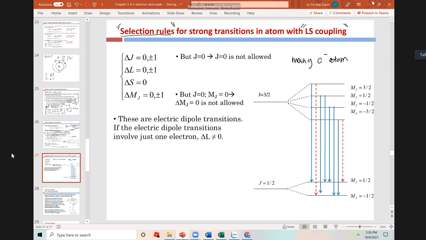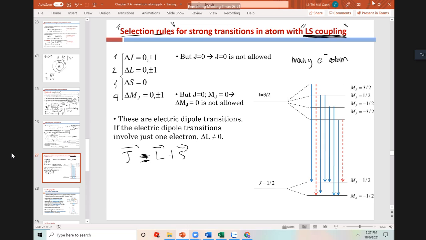In this case, you need to have J equal to L plus S. It is the spin orbit coupling model. And when you use the spin orbit coupling model, you need to apply the selection rules for the transition. The selection rule for the transition in the many electron atom can be stated by four points here.